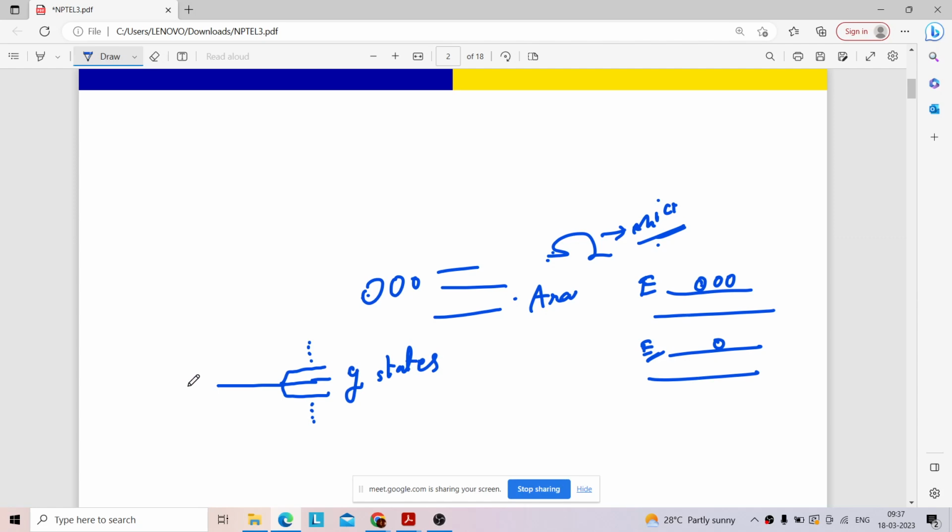We will consider the number of states that have energy, then we will try to find the number of ways we can arrange them. I mean, there are many states.